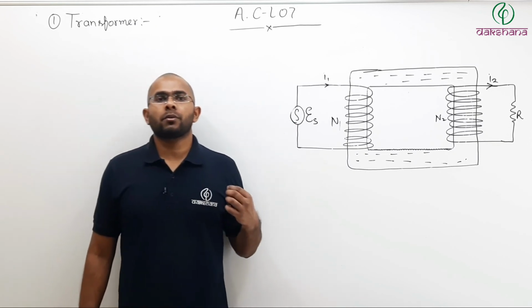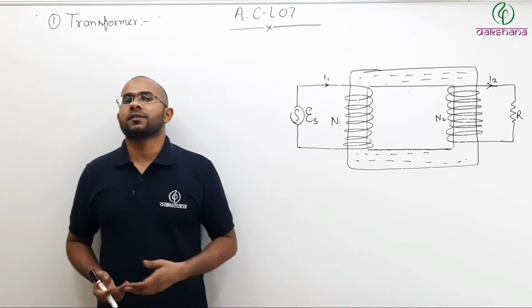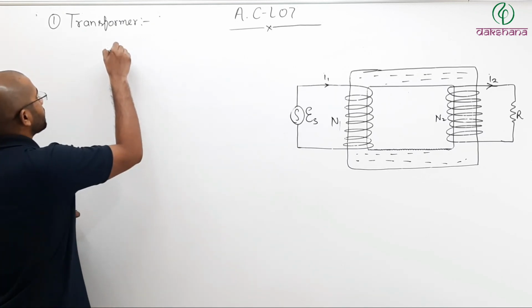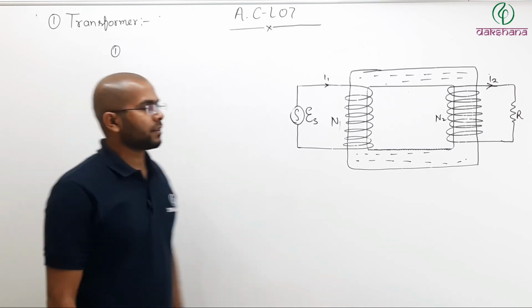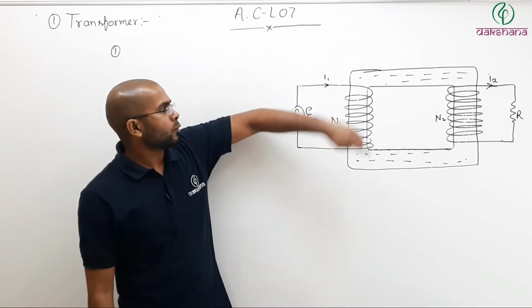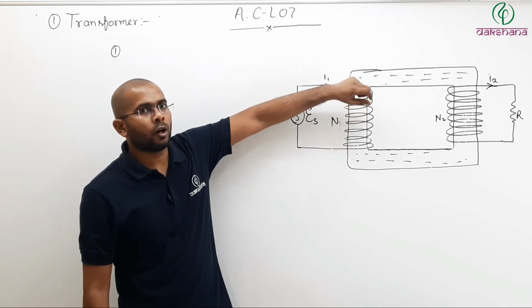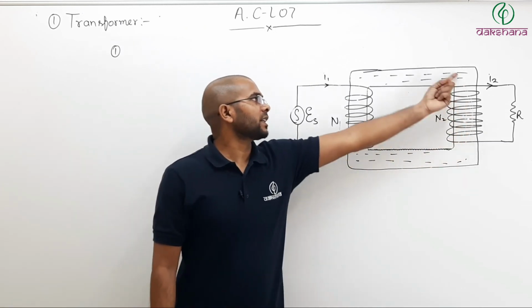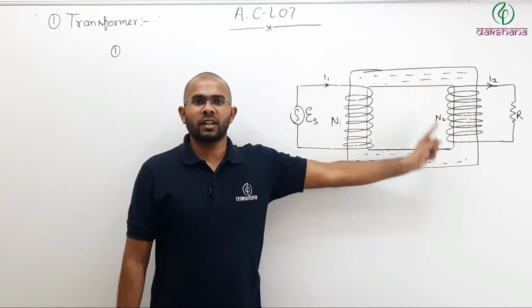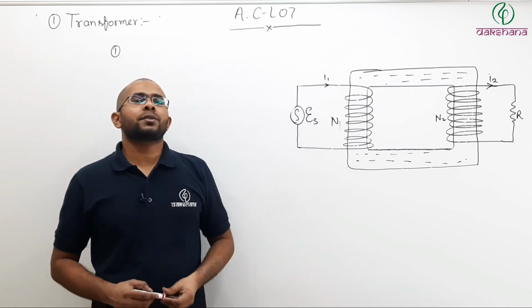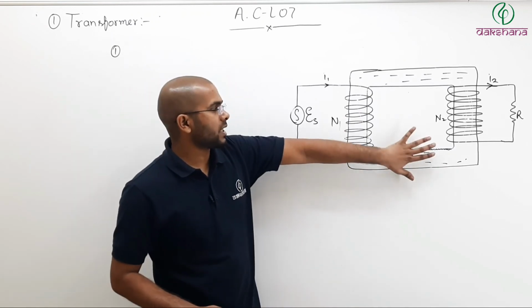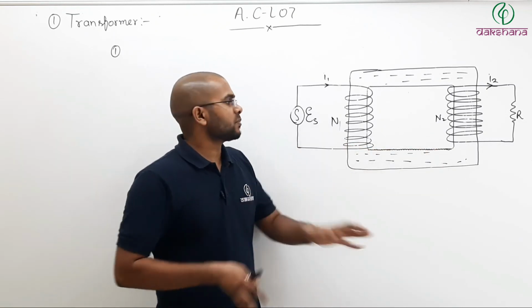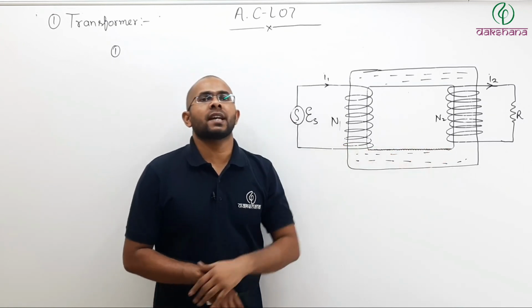Now let us talk about the ways through which in a real transformer some energy is lost. The first way is that, if you remember, we have assumed that whatever flux is induced or whatever magnetic field is produced here, the same is the magnetic field throughout this core. That we have assumed. But that is not always true. Why? Because this is a soft iron core. It may happen that magnetic field is produced outside this core as well.